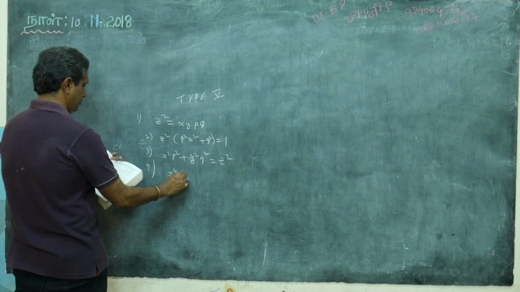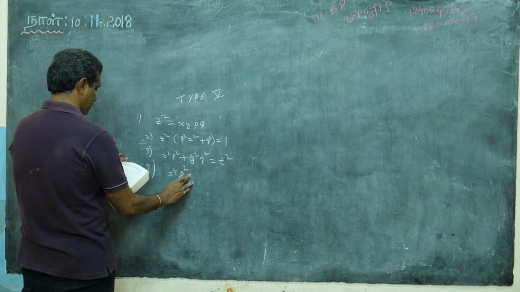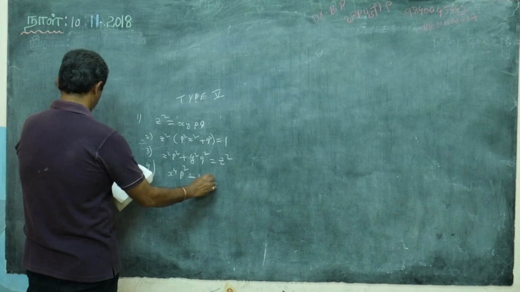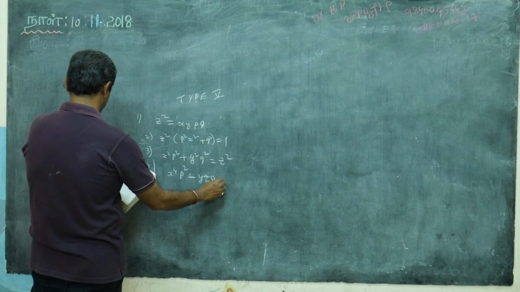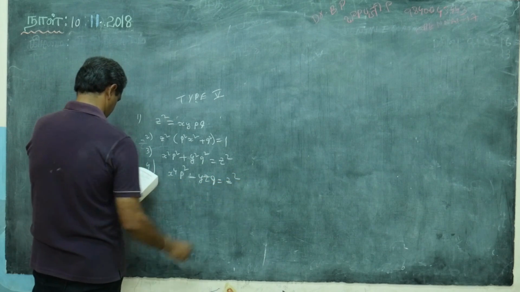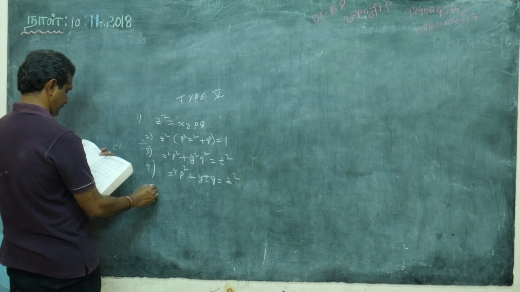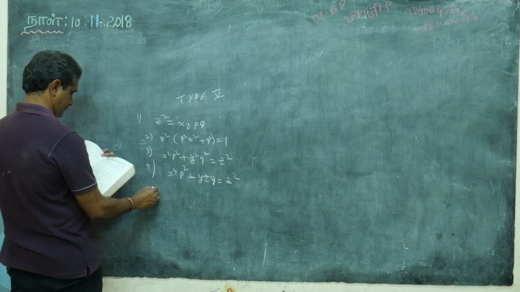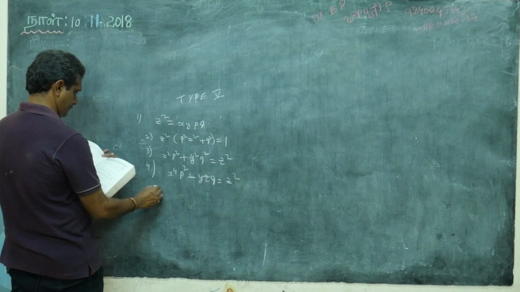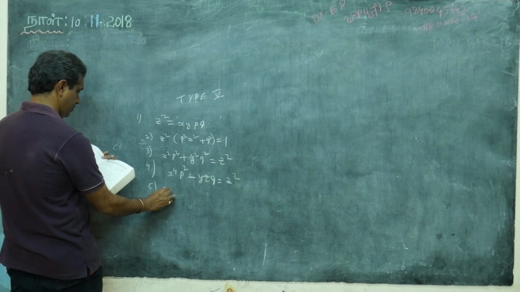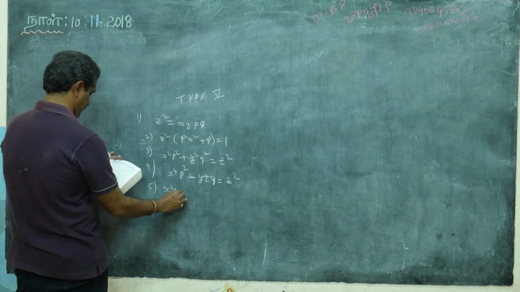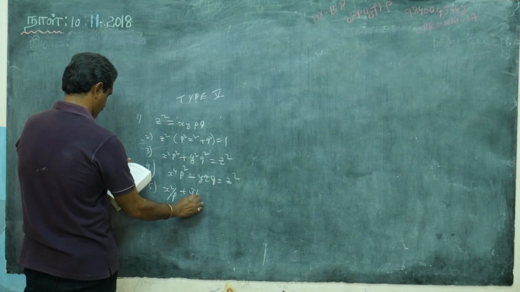x power 4 p square minus yzq is equal to z square. This is also a very good problem. p y square q.